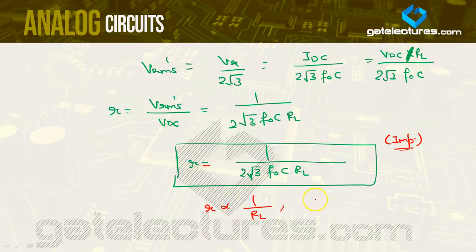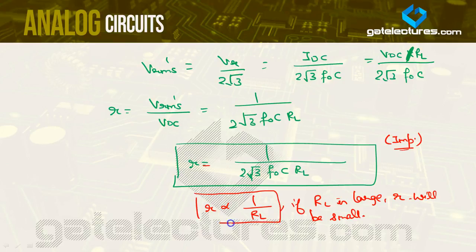So if RL is large, the ripple factor r will be small. So you should always connect a large resistance RL at the load so that we get very small ripples at the output. It is a very important point that has been made here.